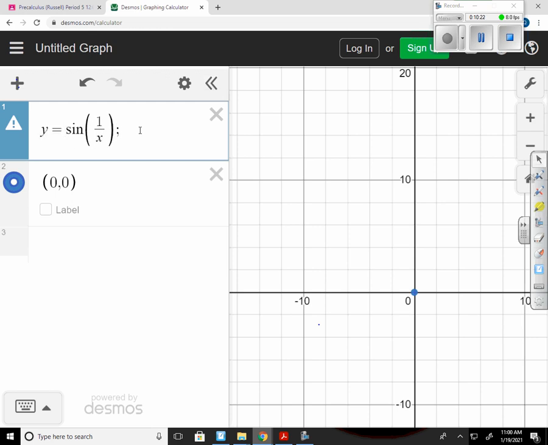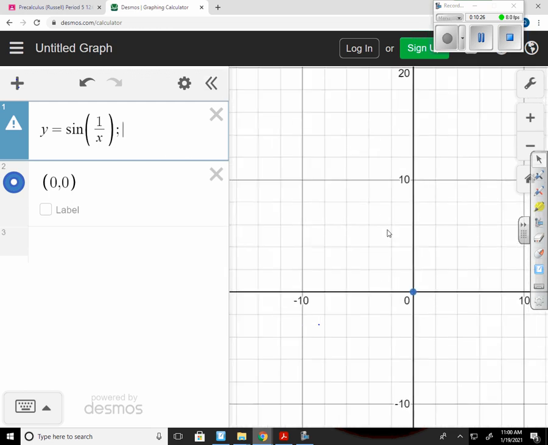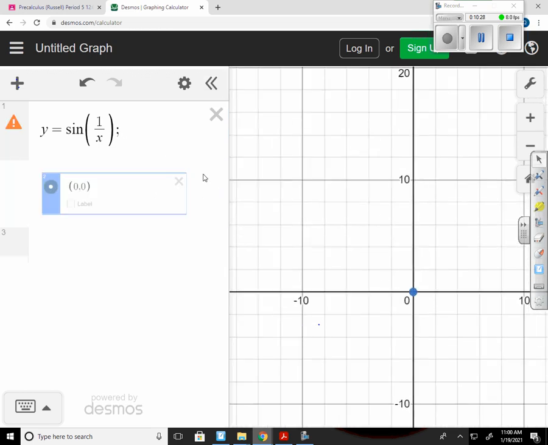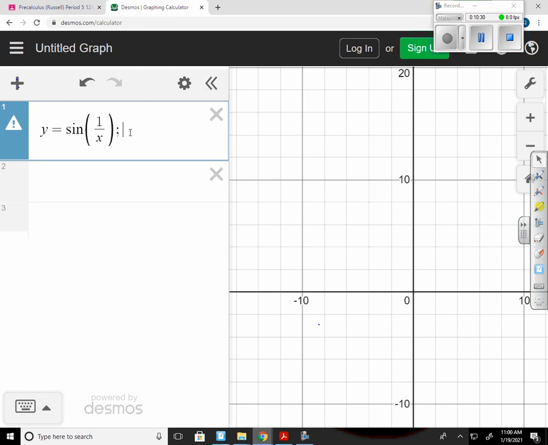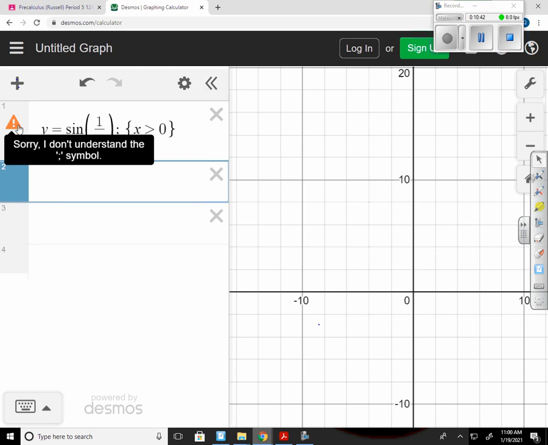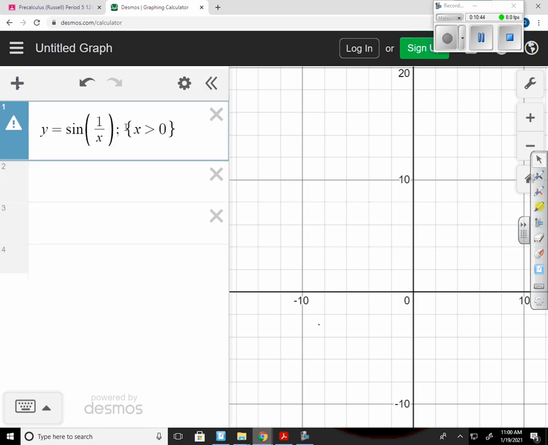There's a way to make this work for intervals, but I just cannot remember what it is. Let's get rid of this. I think if I do the curly brackets, maybe. Nope, still no good. There we go.